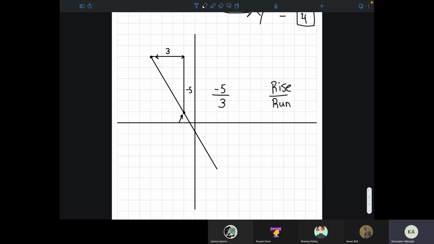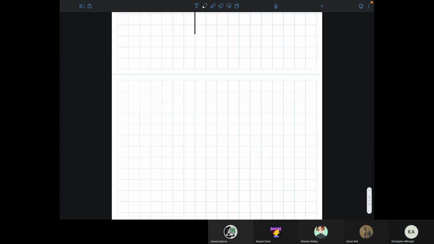So if it gives you a table of values, so 1, -6, 4, -8, 7, -10. So there is something we need to use here to find the slope, and that is the slope formula. And the slope formula is this.